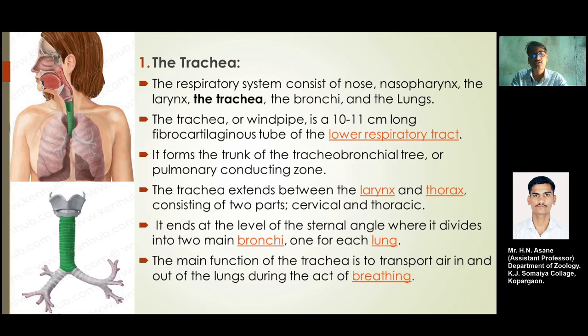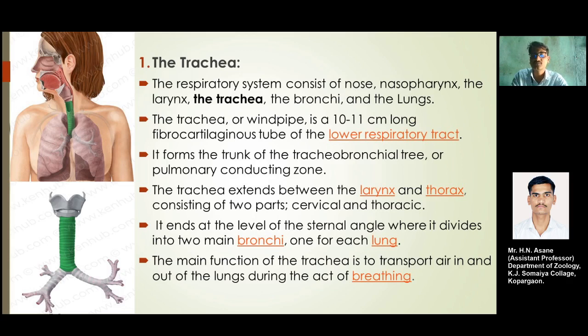In the lungs the oxygen gets mixed with the deoxygenated blood, and the carbon dioxide is taken in place of that, and that is again exhaled from the nose through this windpipe only. So the respiratory system consists of the nose, nasopharynx, the larynx and the trachea, the bronchi and the lungs.